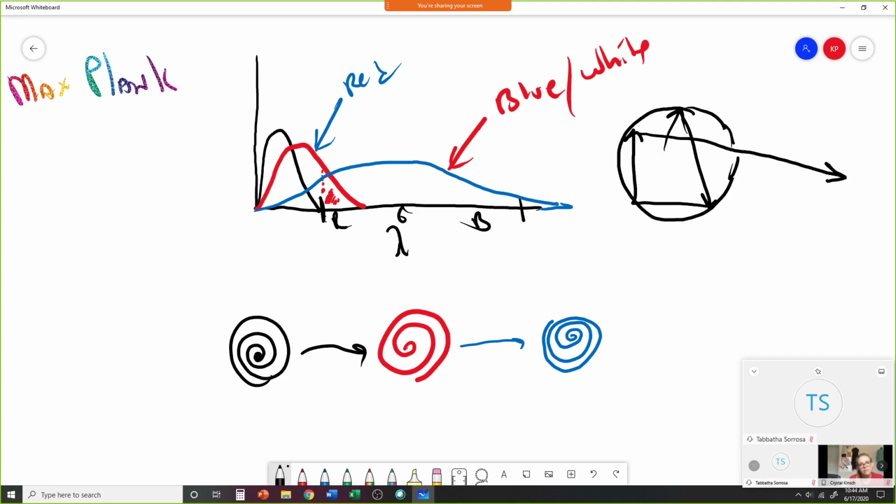Remember, light is the only way you know something exists, and the light actually senses the temperature. And the temperature determines what color you have, right? As you heat up this ball with a small pinhole in it, you can actually get these curves that are in black, red, and blue.